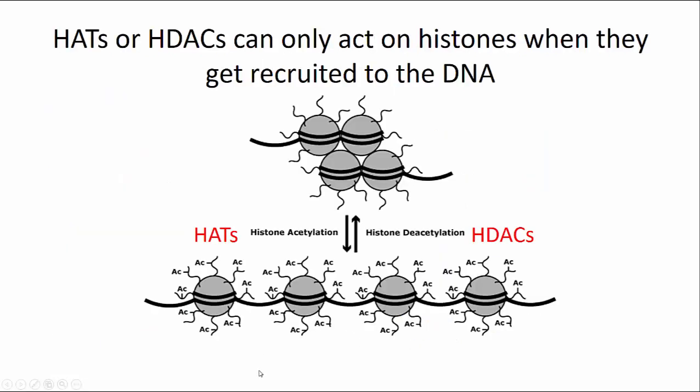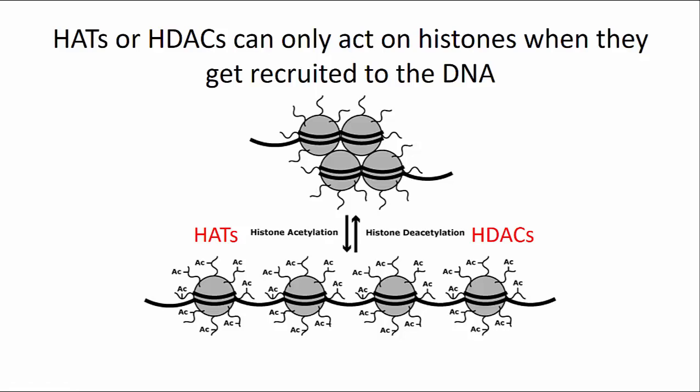So this depicts the overall effect that acetylation has on the chromatin. If you have unacetylated histone tails, that DNA is going to be wrapped very tightly within these nucleosomes, and this would make a rather heterochromatic chromatin environment.